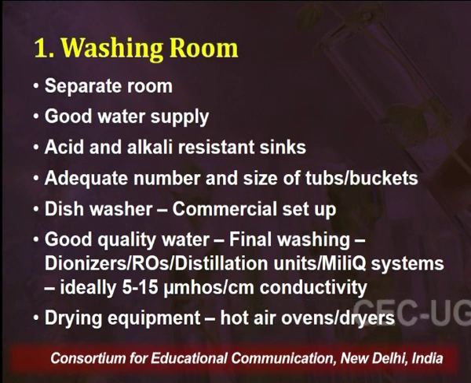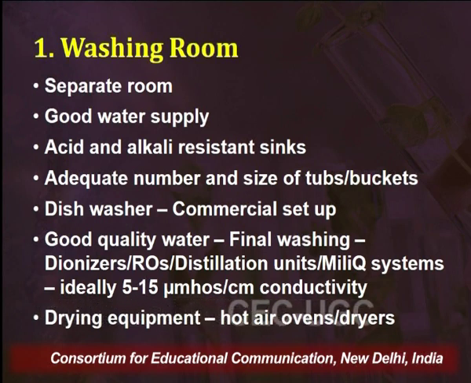We should have a sufficient number as well as size of buckets or tubs wherein you can put all your dirty glassware and wash it properly without any breakage. If possible, we can also install dishwashers in the washing room. By and large, these dishwashers are preferred or installed in commercial scale laboratories.